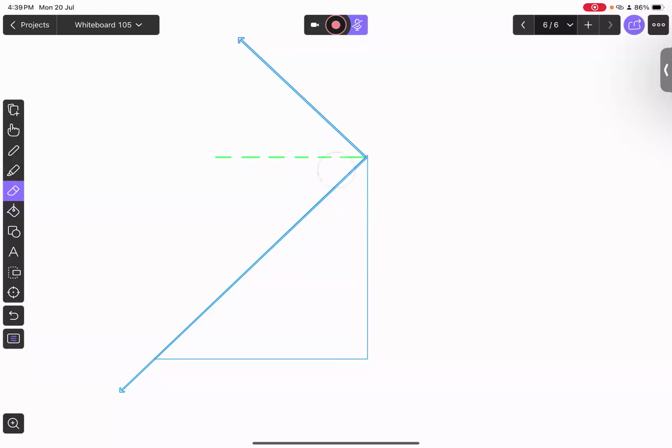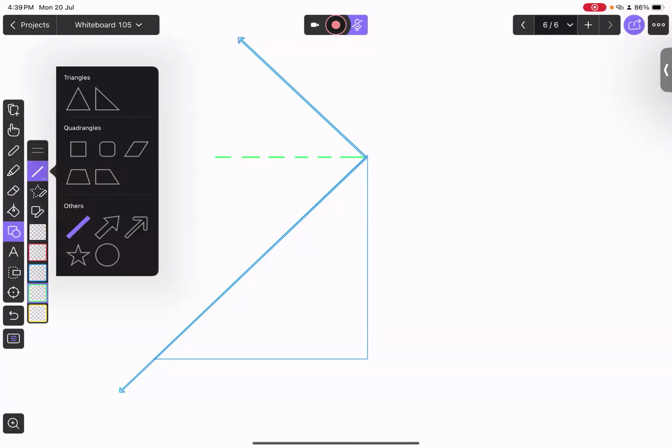This green line is the horizontal from wherever we are throwing that projectile.